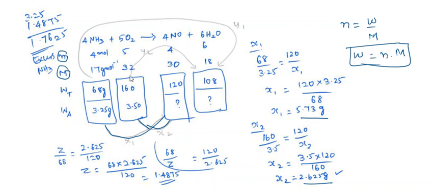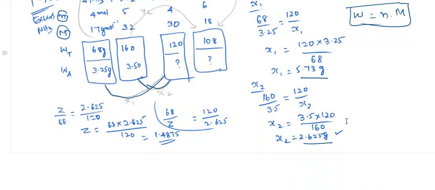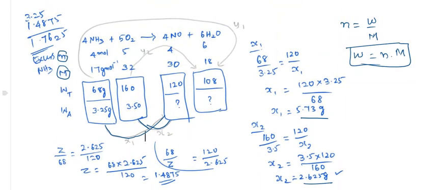And by working with oxygen, we get nitrogen oxide as 2.625 gram. So we get two values of nitrogen oxide, based on ammonia and this one. And when you consider this, which should be compared, this is a big question, is it not?